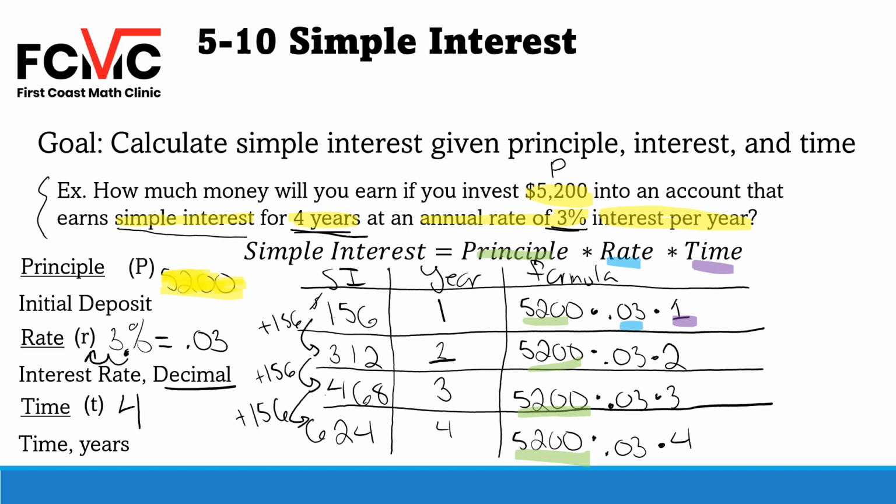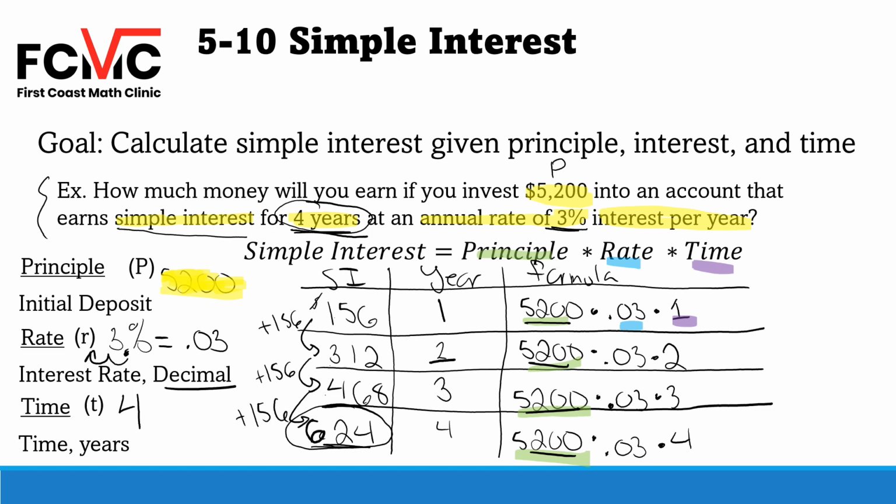Because this is simple interest, that principal stays the same at each calculation. And because we want to know how much interest we would have earned in 4 years, this is the answer we care about. Our answer is going to be $624.